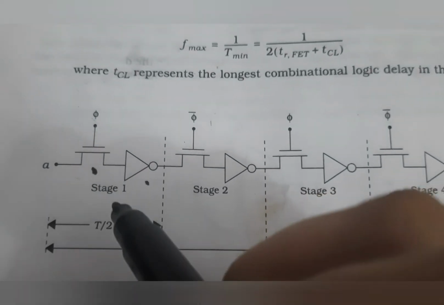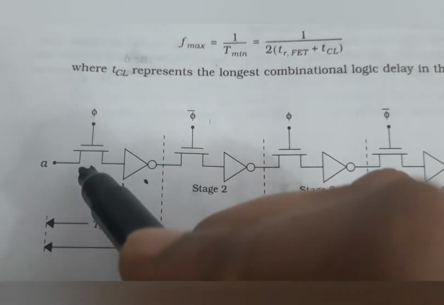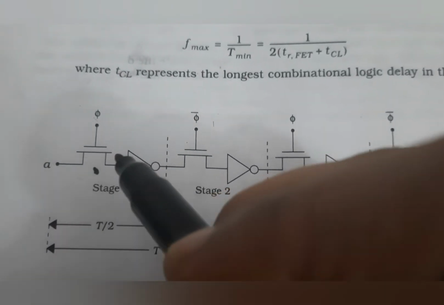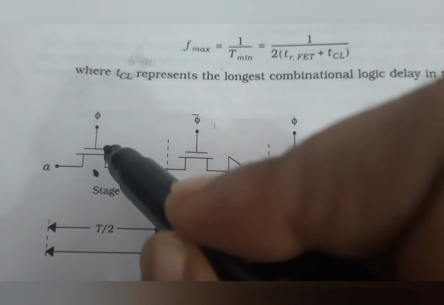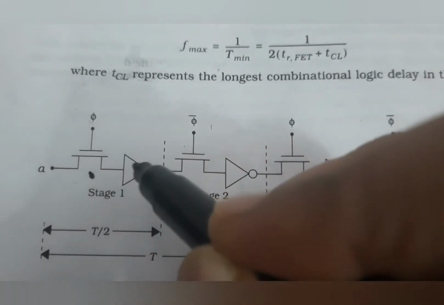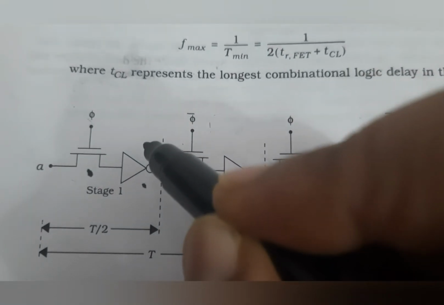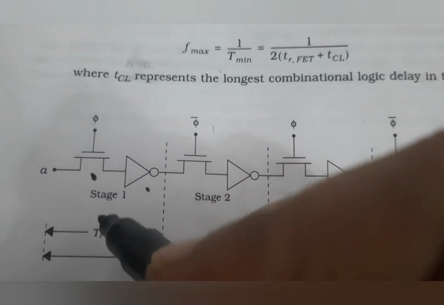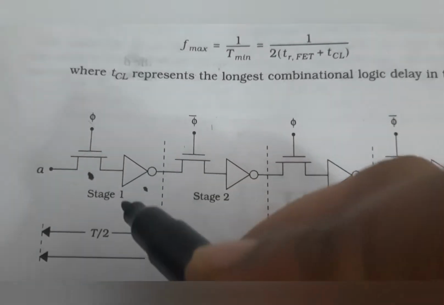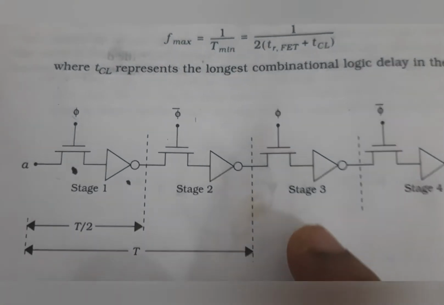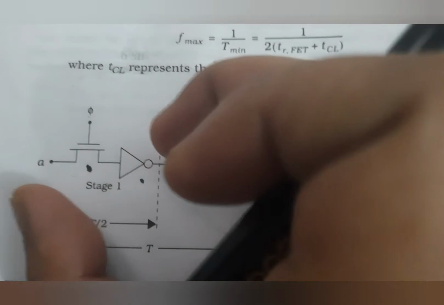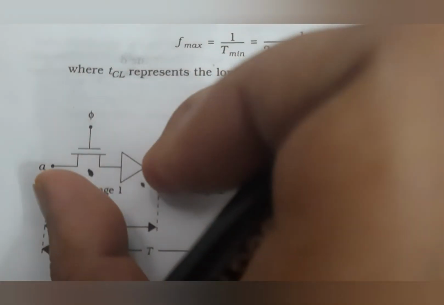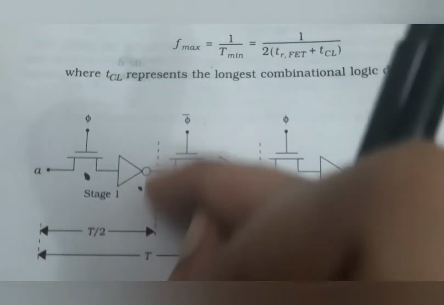So we have to design a clock to consider these two delays, and that will give the time period. For example, if the FET has 0.5 nanosecond delay, and this NOT gate also has 0.5 nanosecond, you have to give a clock period of 2 nanoseconds, because this is the entire clock cycle, and for half of the cycle, T by 2, it needs 1 nanosecond to perform this operation.